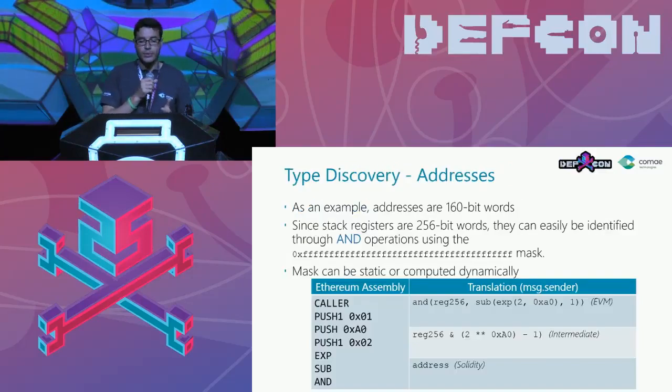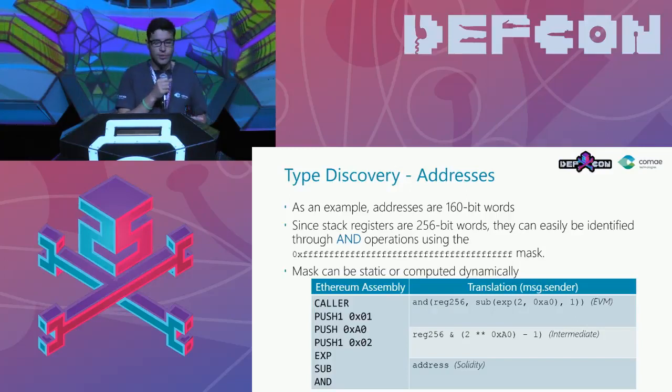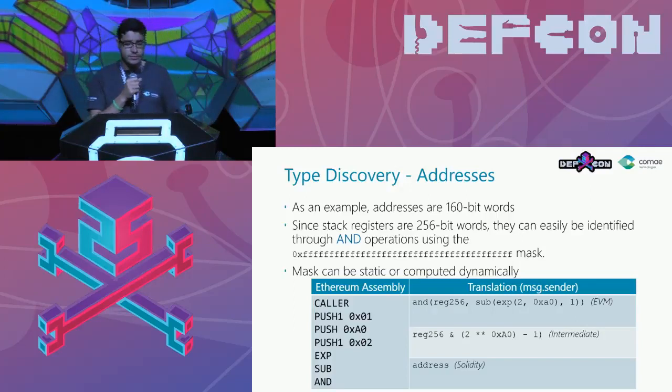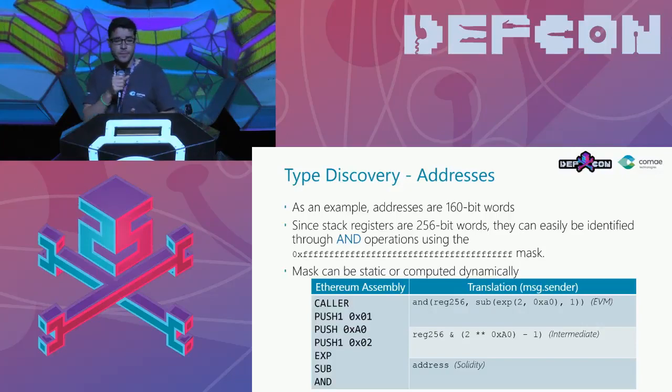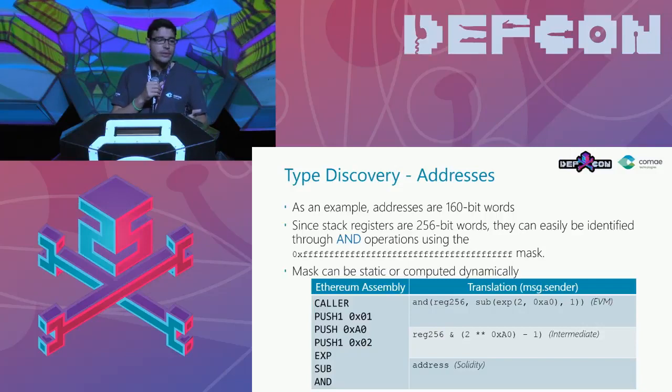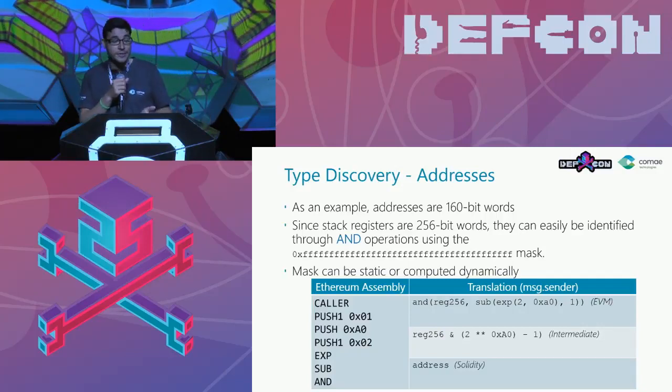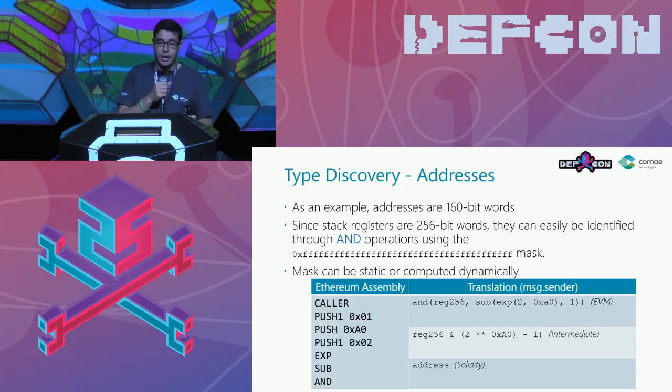So when it comes down to type discovery, the main type you would see and the main type you want to recognize are addresses. So if this is the address of the sender, the destination of the wallet, or of another contract, it will be encoded on 160 bits, right? And most of the time, every time you need something which is not on 256 bits, you would see an AND operation.